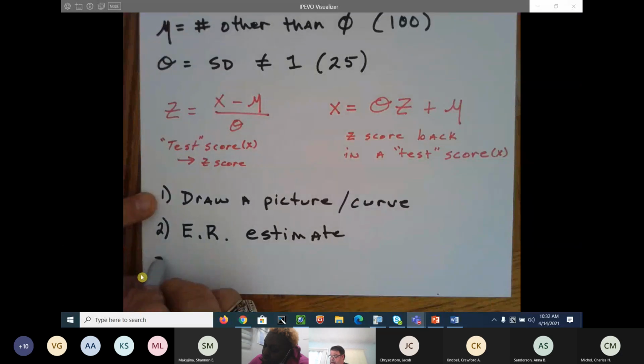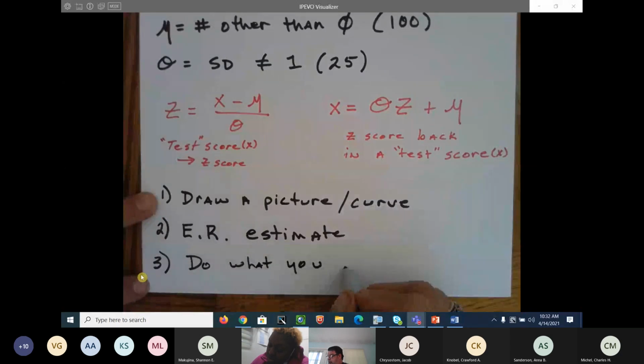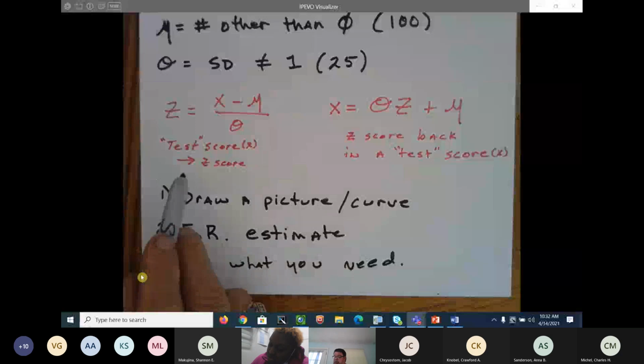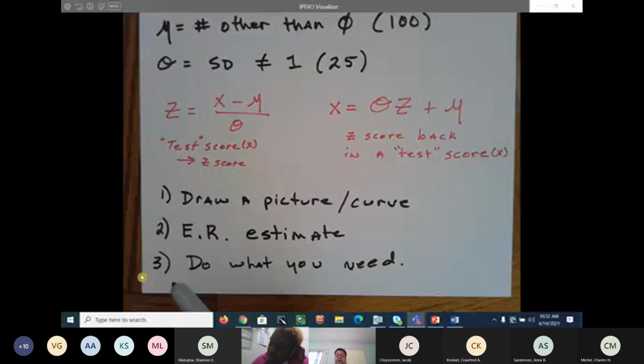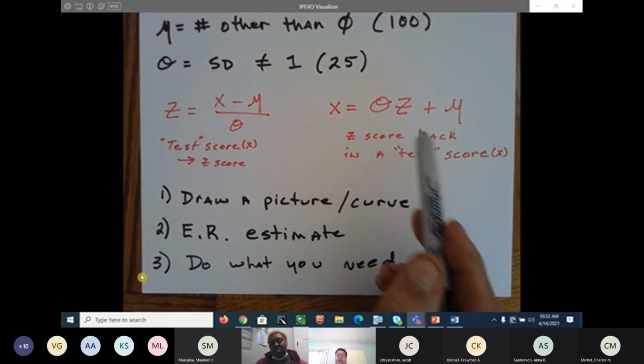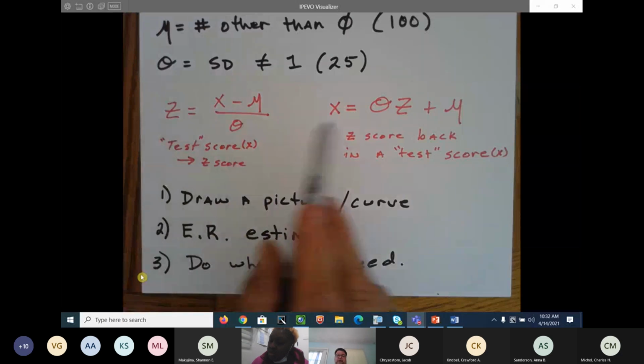And then 3, do what you need to do. That means you may have to change a test score into a z-score, or look for the area and then find a z-score and change the z-score into a test score. That's number 3, which has to do with these two right here.